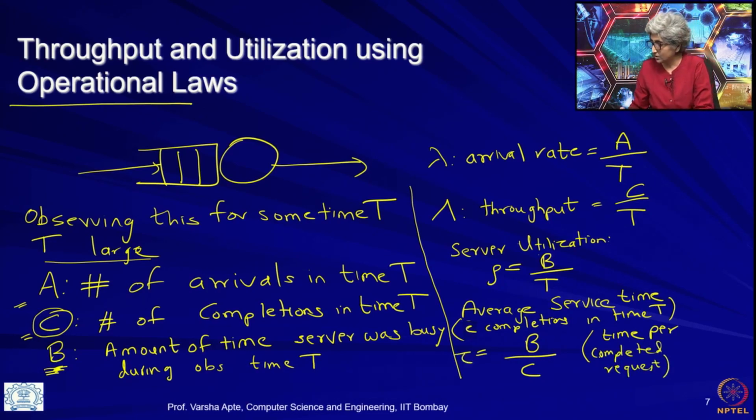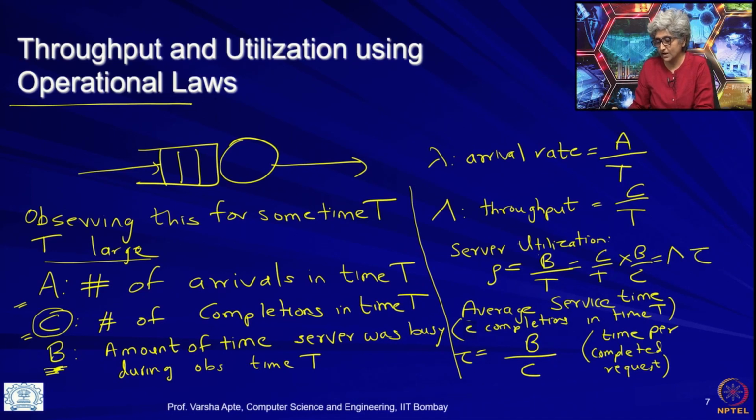Now if you look at this a little carefully, this can be rewritten by dividing and multiplying by C, and you get C by T multiplied by B by C. C by T is capital lambda and B by C is tau.